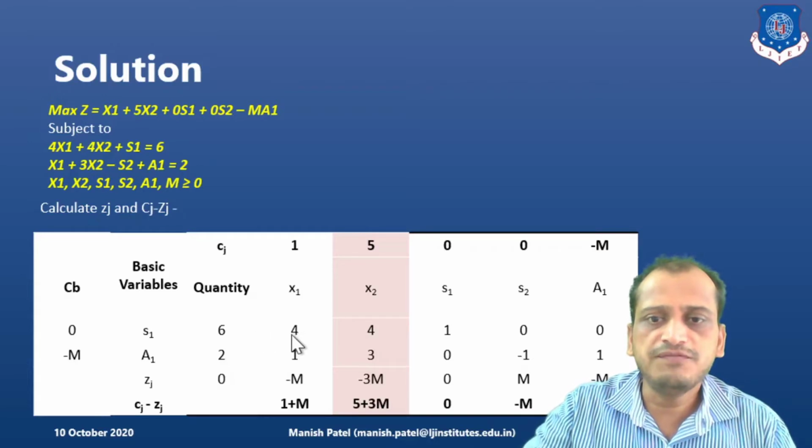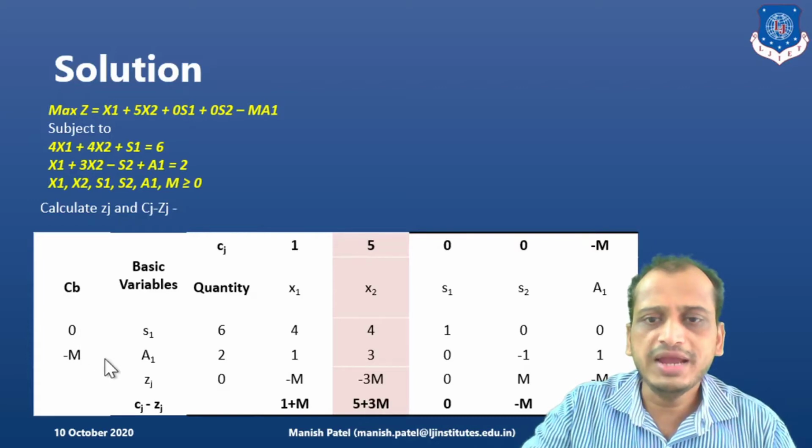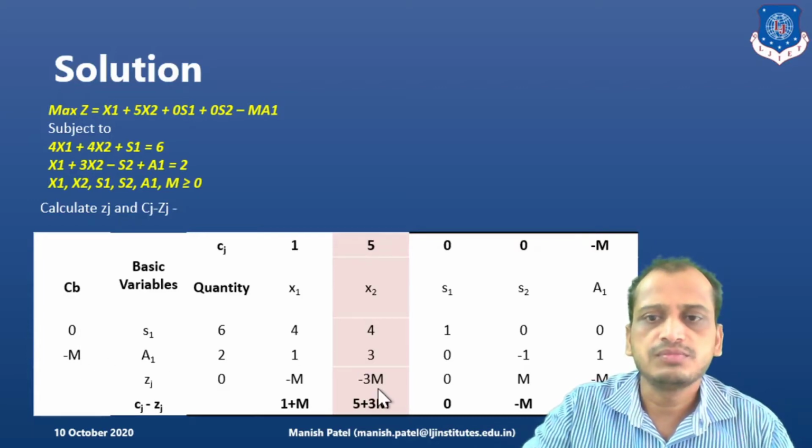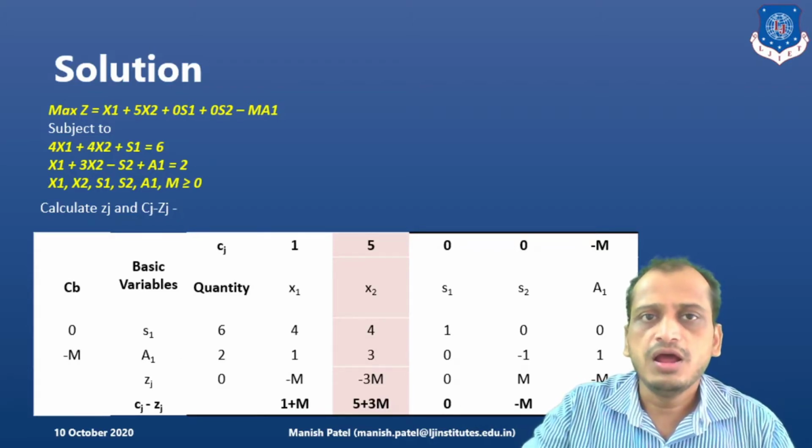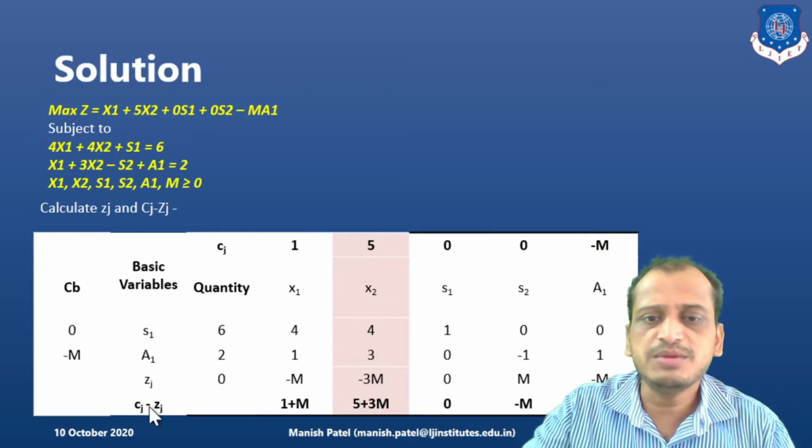Now we multiply 4 into 0 plus minus M into 1, which is equal to minus M. In the same way, 4 into 0 plus minus M into 3, that is minus 3M. Same way, 1 into 0 plus minus M into 0, that is 0, and accordingly. After that, we can calculate cj minus zj.